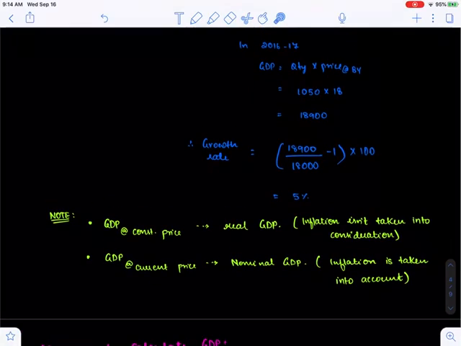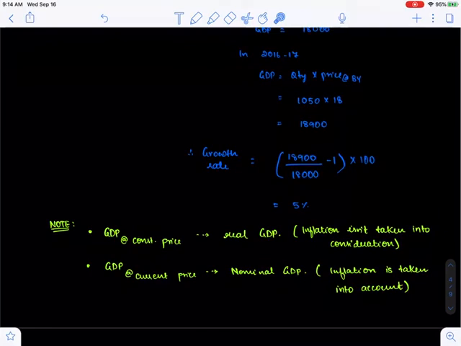In short, we can say that the GDP when calculated at constant price, that is based on the value of base year, we consider that GDP to be the real GDP because of the fact that inflation here is not taken into the consideration. And when GDP is calculated based on the current price, then we call this as the nominal GDP because inflation here is taken into the account.